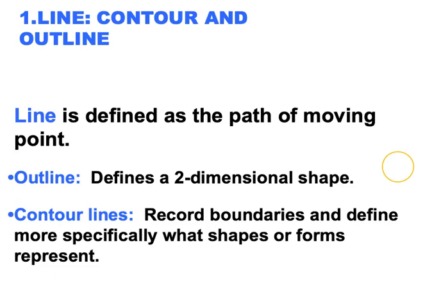So in your mind, just think of outline as very simplified, defining a two-dimensional shape. And really emphasize that in your notes. It's a two-dimensional shape. It's flat. So again, this is defining that shape, but we don't see any fatness to that. Where a contour line is, yes, recording boundaries, defining the shape, yes, but it's also helping to represent the form.